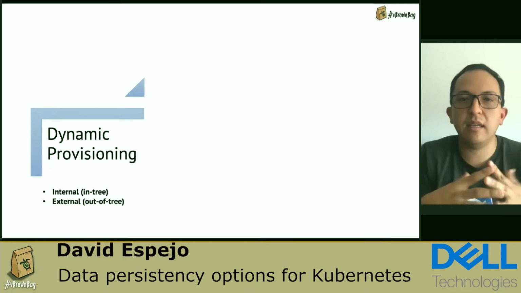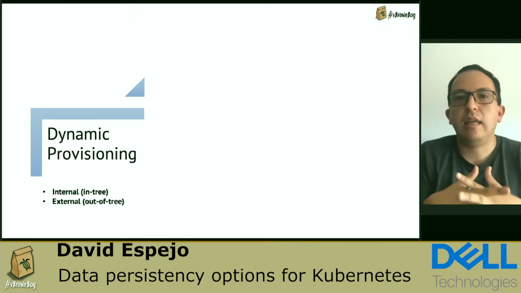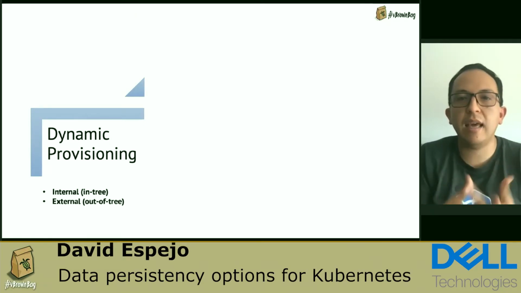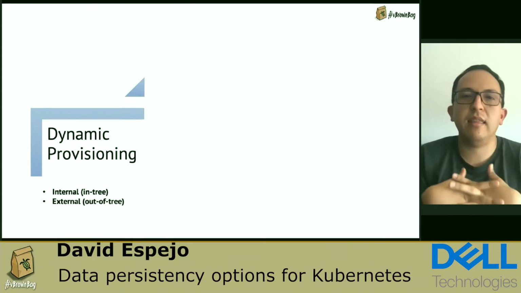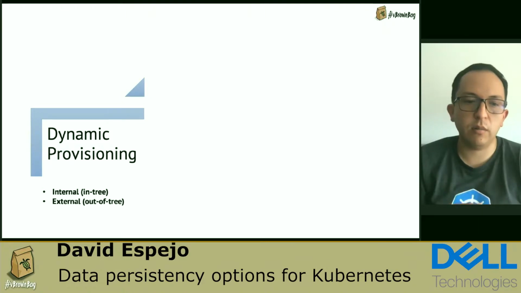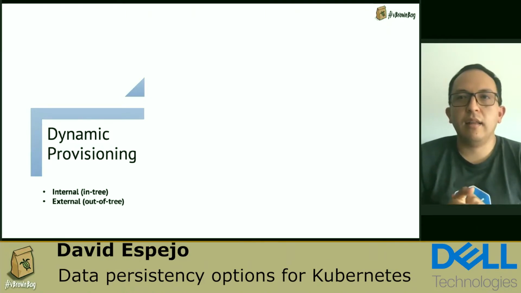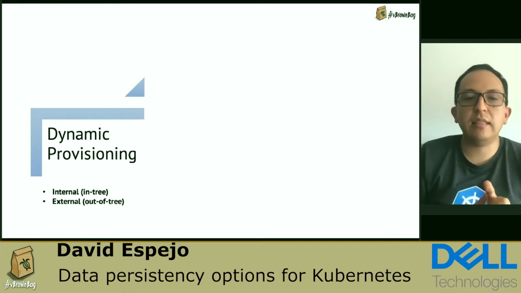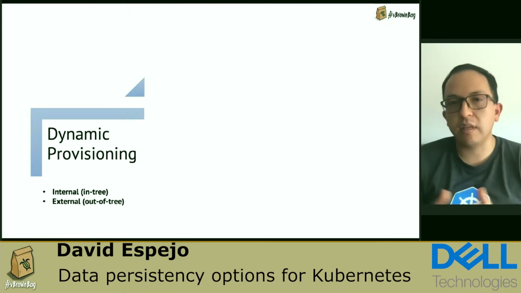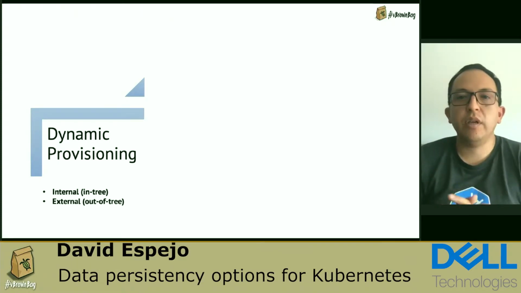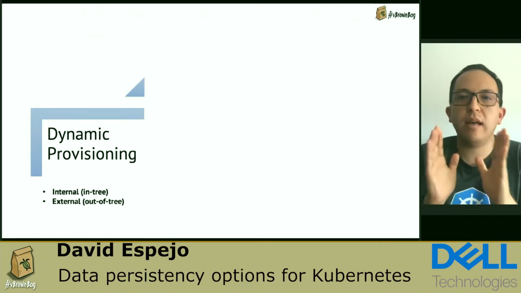So you can imagine how hard that can be to manage at scale, and that affected the agility of the release cycles of Kubernetes.